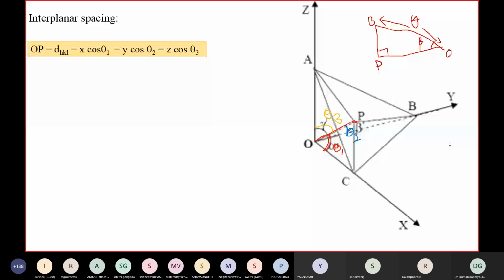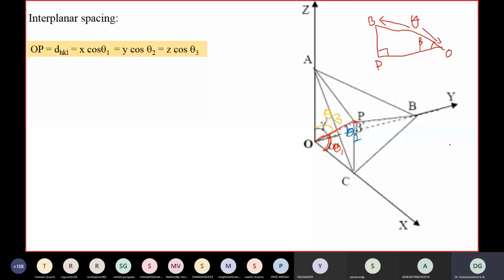Okay. Now draw PC, PB, PA onto X, Y and Z axis respectively, to meet the intercepts of the plane.